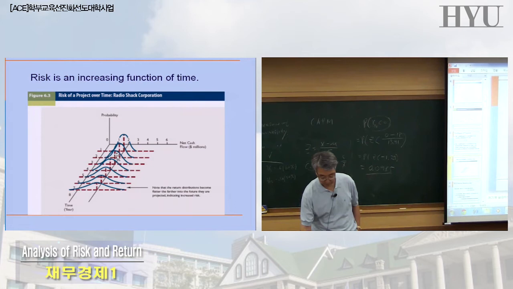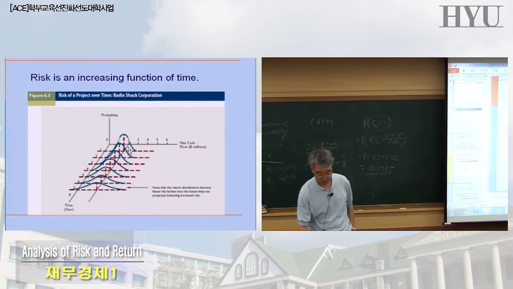And what they're saying is, if you start the project today, which is time period 0, then over the next year, you can expect about $2 million return, right? Net cash flow. But there are some uncertainties depending on the market condition.